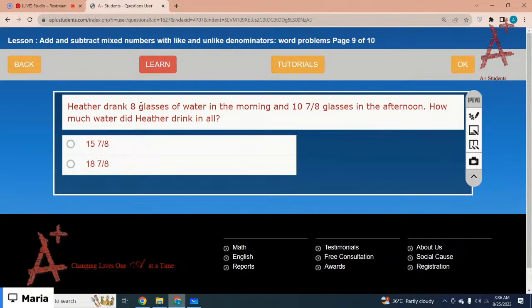Simply add the whole number part, because this one doesn't have any fractional part, so that would be 18 whole 7 over 8, right?